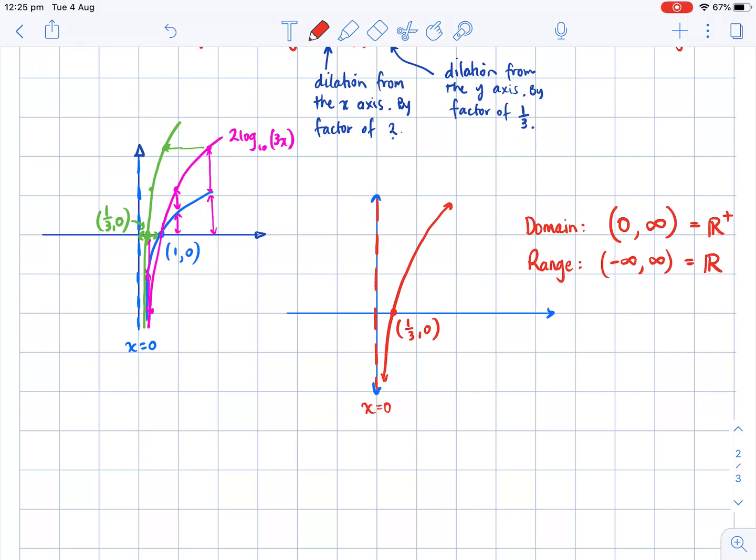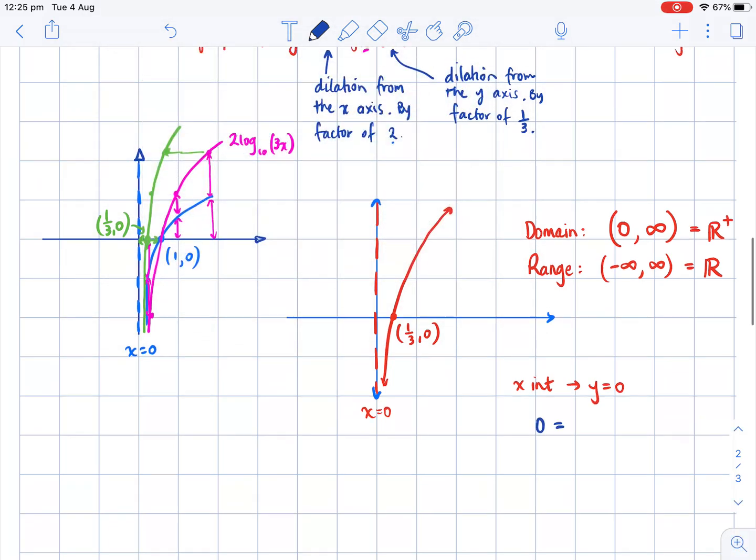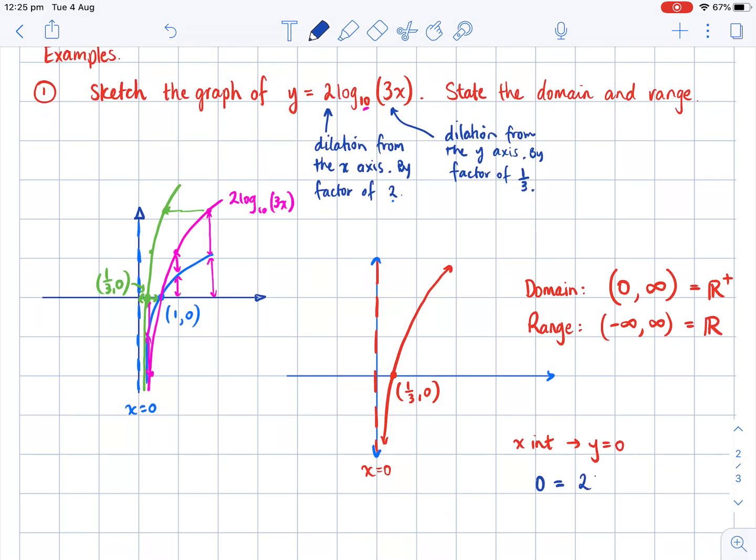So the x-intercept is when y equals 0. So if I substitute that into my equation and do the algebra, I get 0 equals 2 log to the base 10 of 3x. Divide both sides by 2 and you get 0 equals log to the base 10 of 3x.